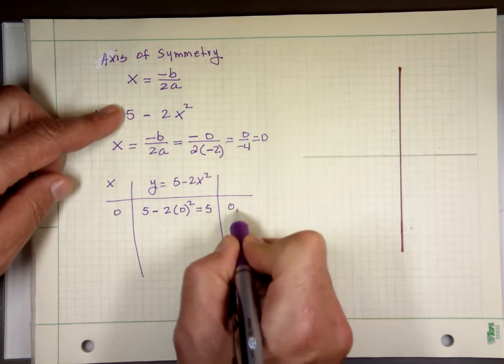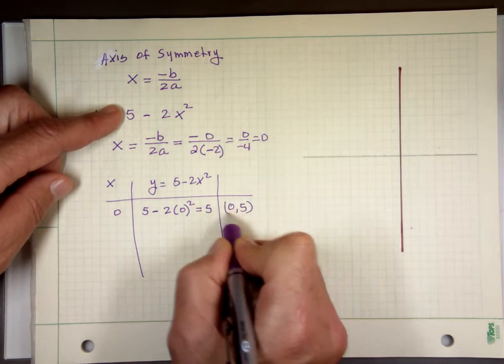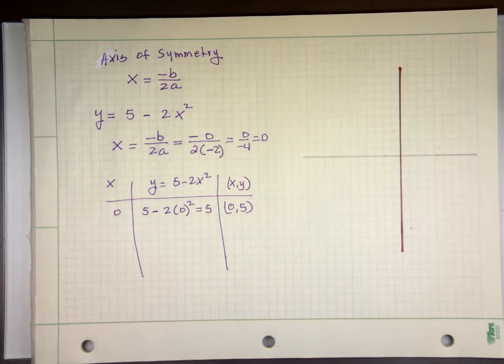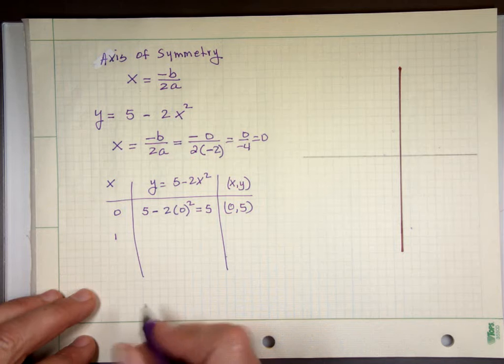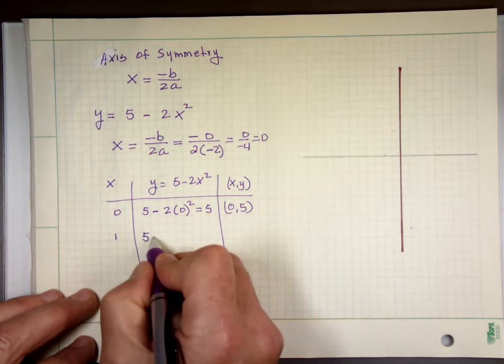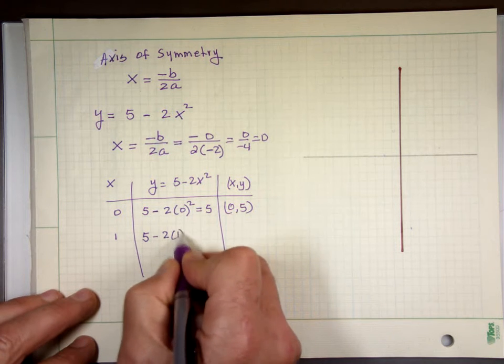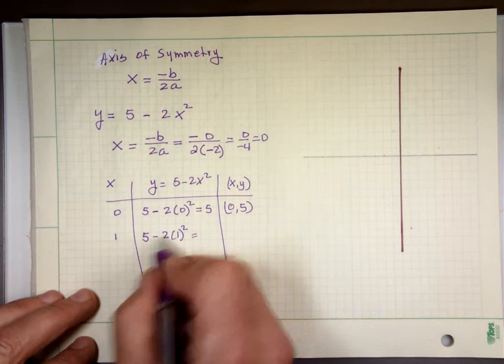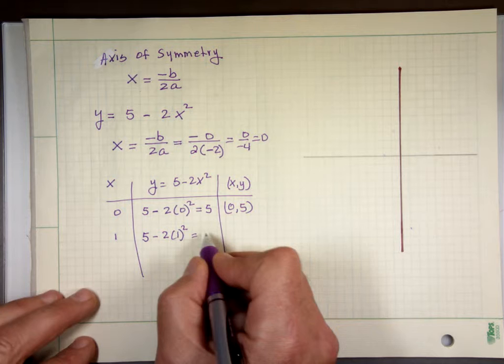So 0 comma 5. That's 1 point. Pick the 1. The y value is 5 minus 2 times 1 squared. 1 squared is 1, times 2 is 2. So 5 minus 2 is a 3.